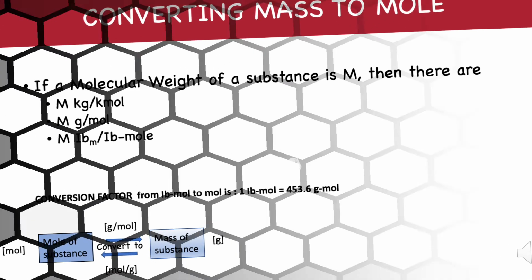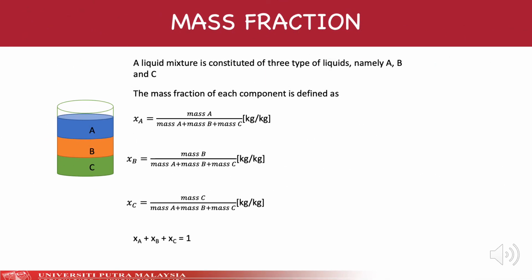Okay, let's move now to what we call mass fraction. Mass fraction and mole fraction have similar concepts. They define the fraction or the amount of material with respect to the total amount of substance making up a mixture. Let's say here we have a mixture of 3 different materials: propane, hexane, and methane.